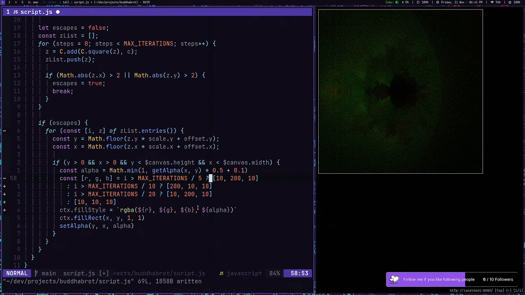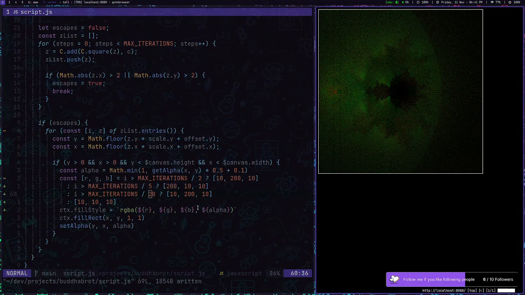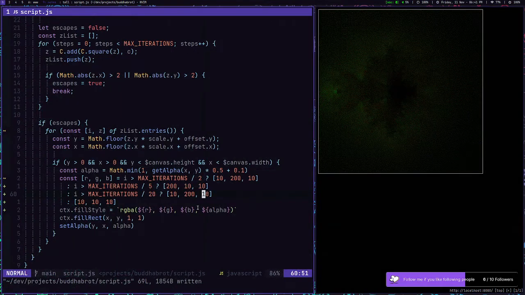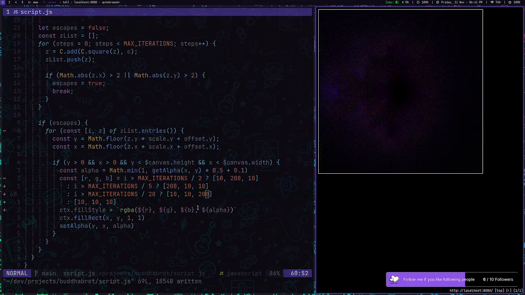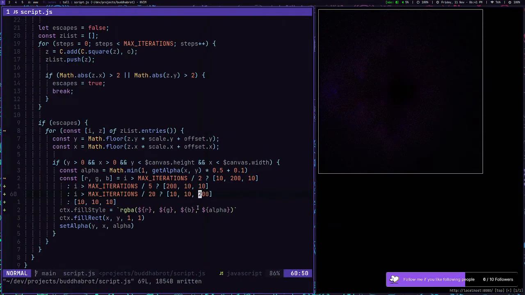Yeah, that does make sense to some extent. Let's reduce this then. Let's do 5, this and that. What does this give us? Let's make this guy blue. Okay, a lot of blue. I guess we just have to fine tune this now.